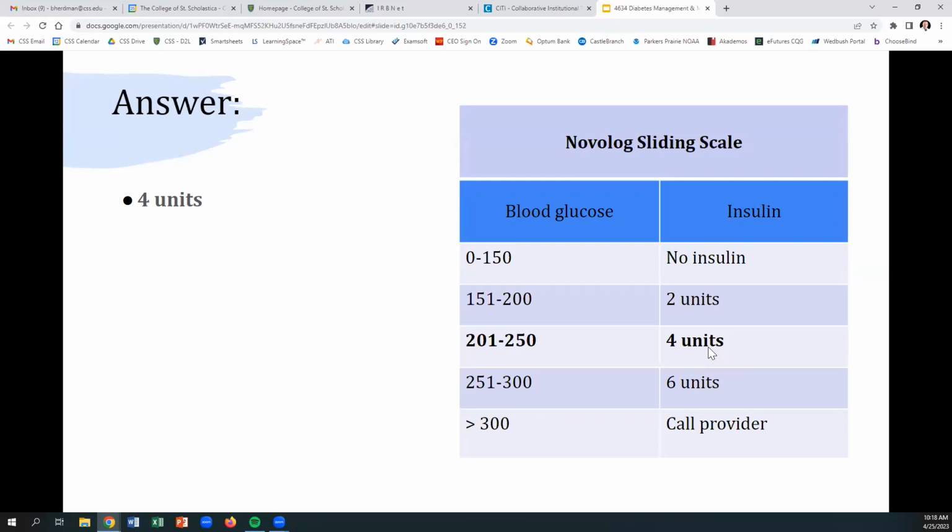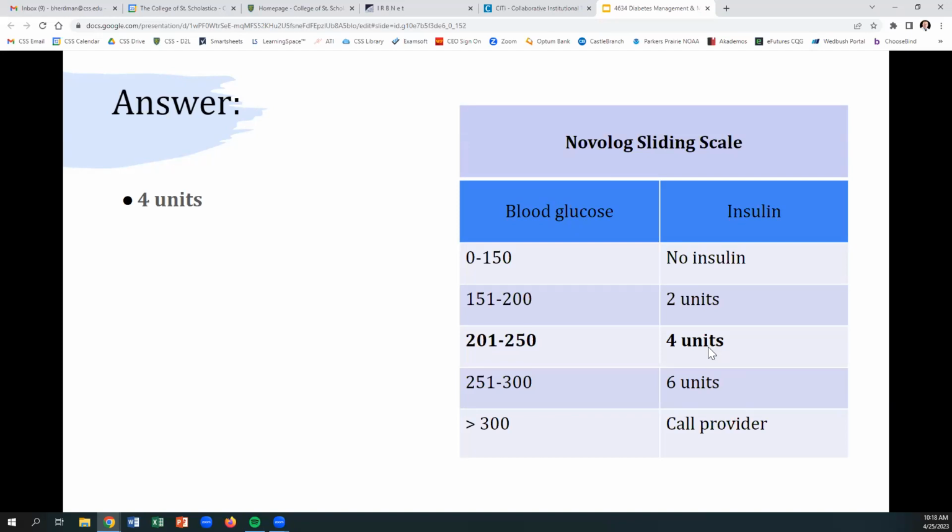Now, providers have the license to adjust this sliding scale if they feel it's not meeting the patient's needs. If your patient is really insulin resistant or the diabetes is not being managed very well, the provider can tighten up this sliding scale so that maybe we start giving insulin when their blood sugar hits 120 instead of 151. So this has some flexibility, and really this is a conversation between you as the registered nurse and the provider.